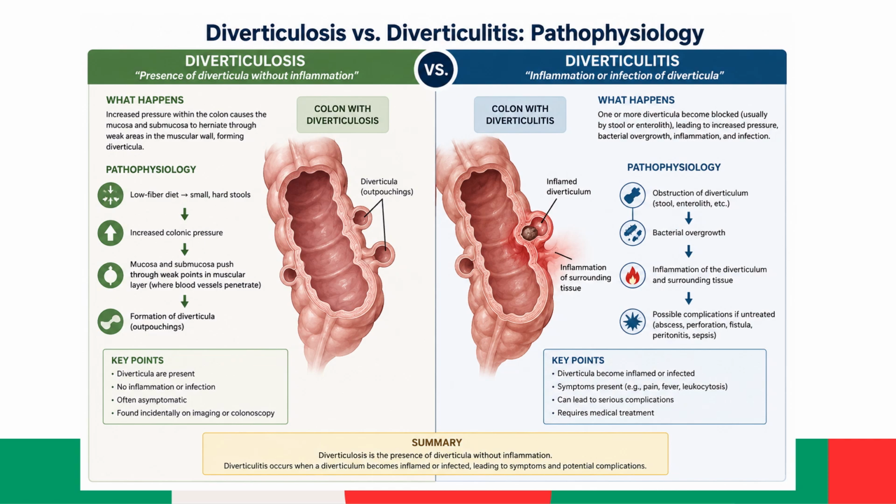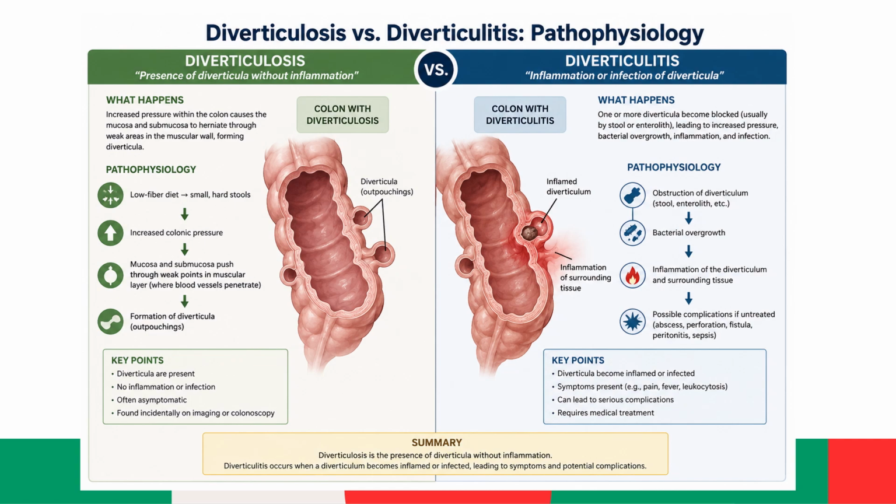And the biggest reason we care about diverticulitis is that it can progress. The inflamed diverticulum can develop a microperforation or even a larger perforation. And once intestinal contents or bacteria escape outside the bowel, the patient can then develop an abscess or peritonitis, which can be very dangerous.